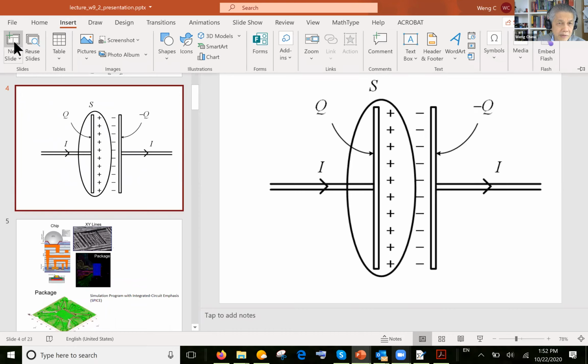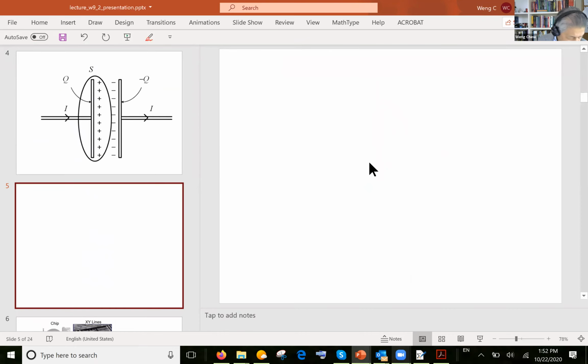Let me put a new slide. In the capacitor, I know that Q equals CV. That's the definition of a capacitor from our undergraduate days. Then let me see what symbol I use. It would be something like VDA.